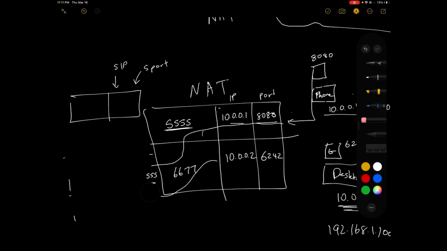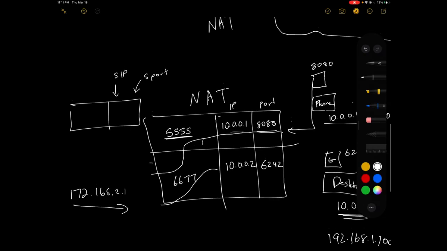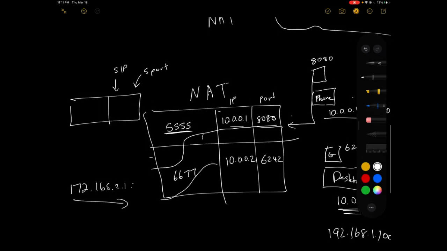So what happens in the case when we get a packet response? So Google has some packet that comes in, and its destination is 172.168.2.1. That's the same address. And destination port is 5555. The table does the same translation.